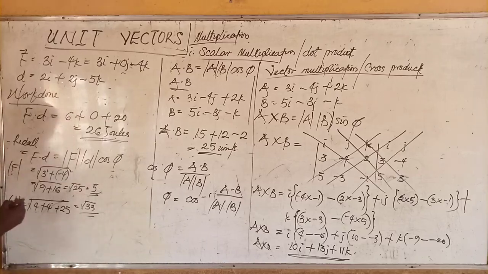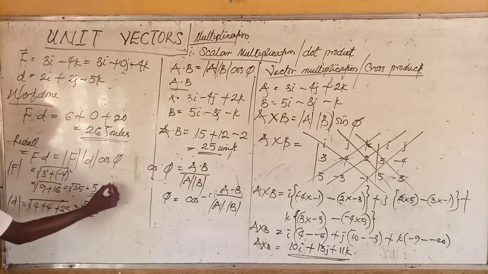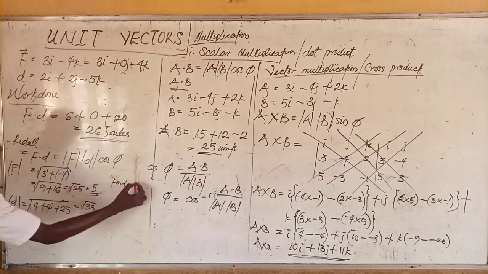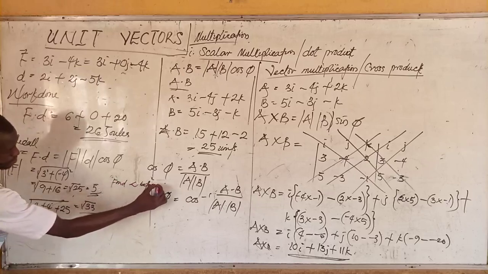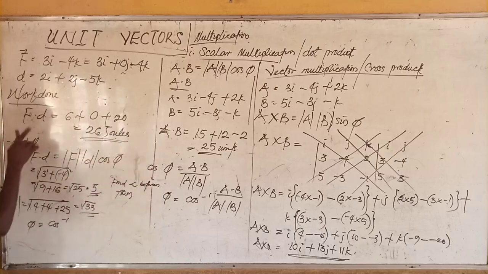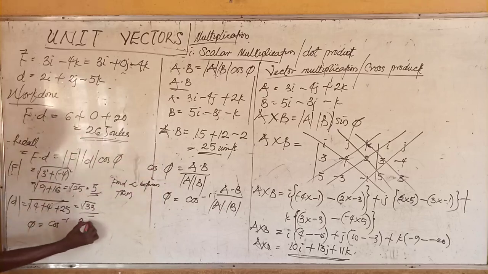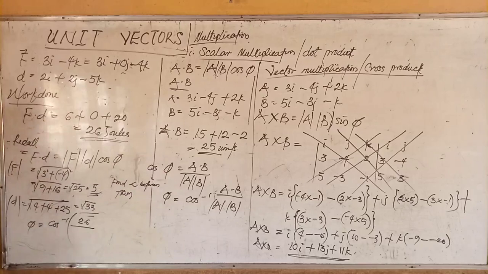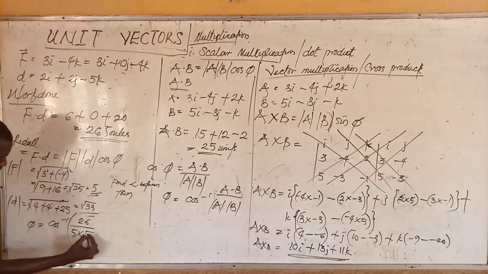So then, we are looking for the angle between them. Okay, so the angle between them is phi, and we said it's cos inverse of the dot product, which gave us 26, over the product of the modulus, 5 times root 33.